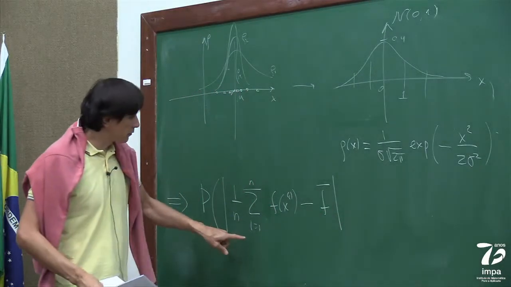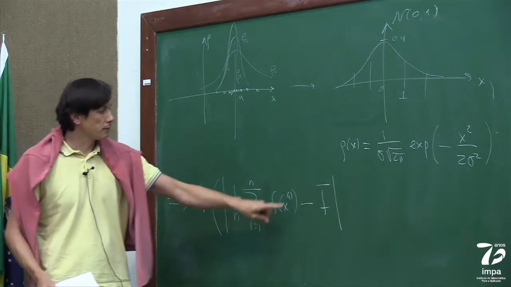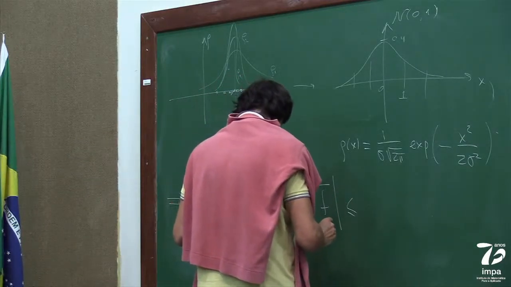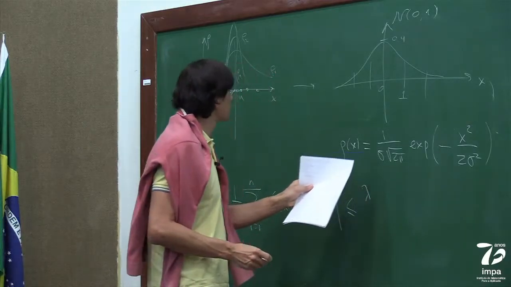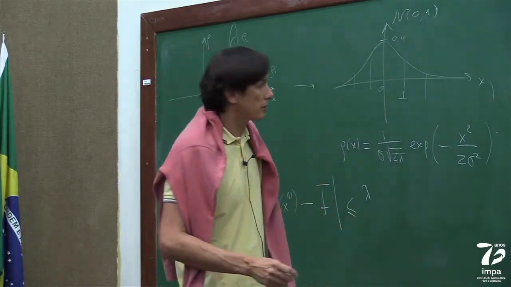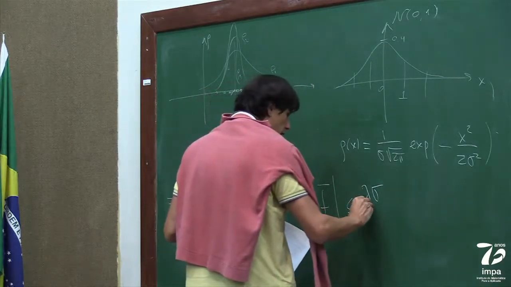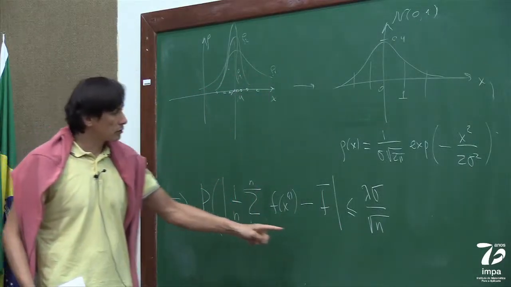So the difference between the integral of the function and its approximation by the Monte Carlo method is smaller than, say, sigma is coming into play, right? So we put sigma here explicitly. And also there is square root of n, so we also move it from here to the left-hand side.